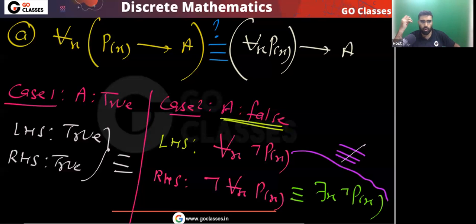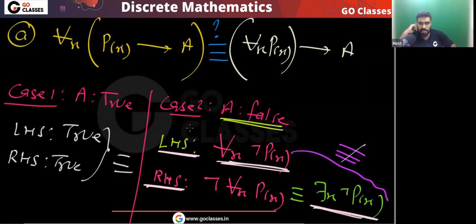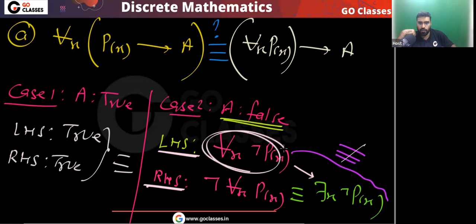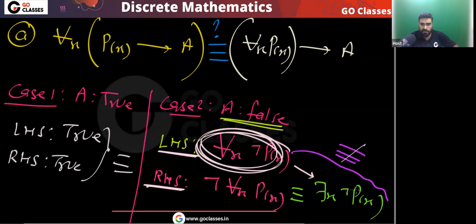But who implies whom? LHS implies RHS or RHS implies LHS? They are not equivalent, but you can say that LHS implies RHS, right? LHS implies RHS because if for everyone P is false, then definitely for someone P is false.